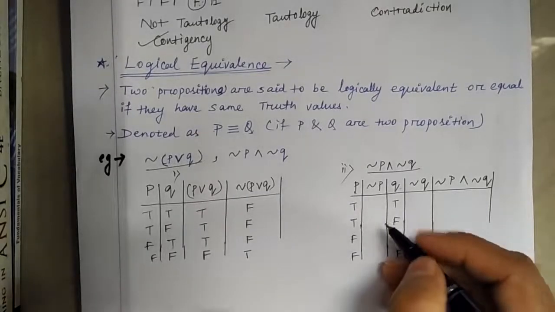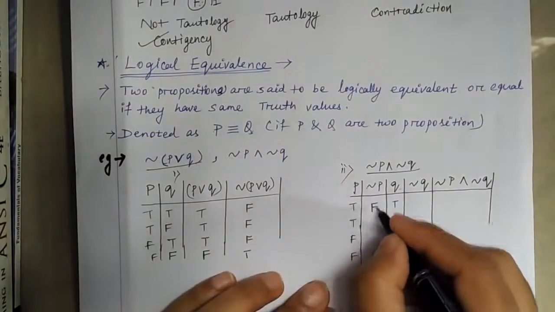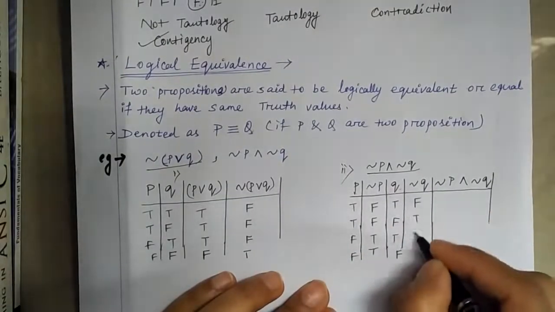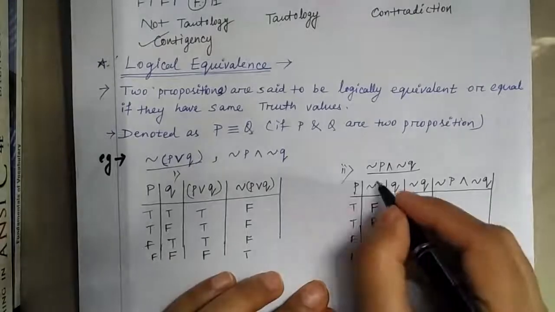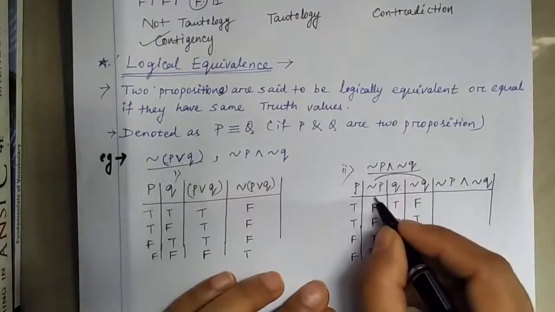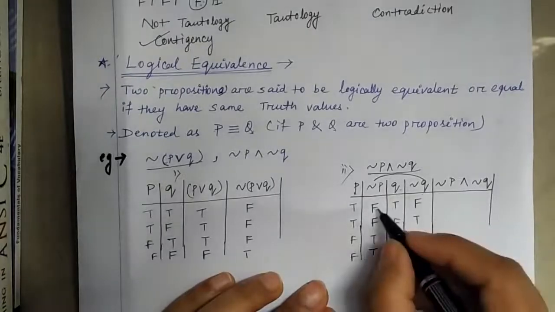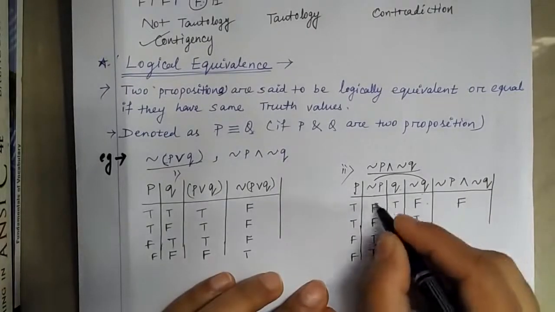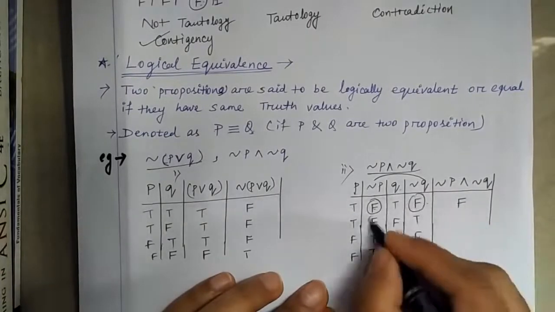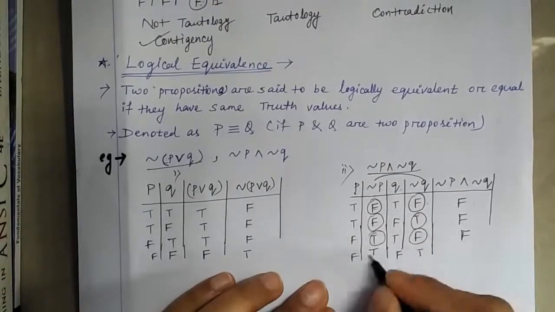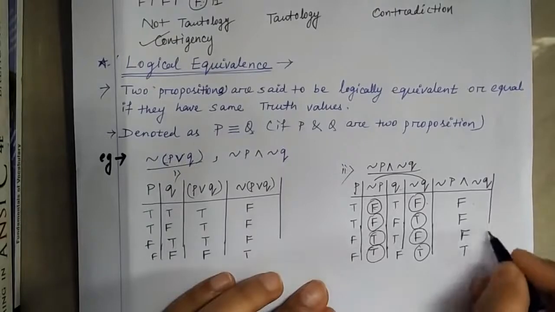Negation P is the opposite of it, so false false, true true. And here false true, false true. When you perform the AND operation between these two, AND means both should be true, otherwise it will be false. So the first one is false, the second is false, the third is also false, and the last one is true.